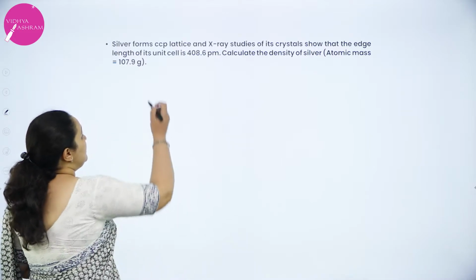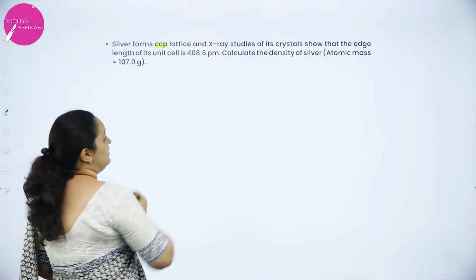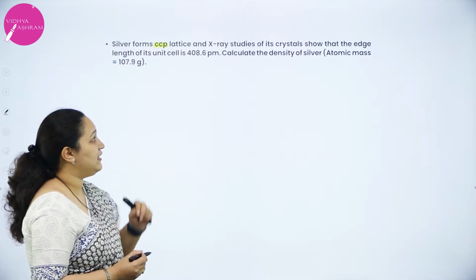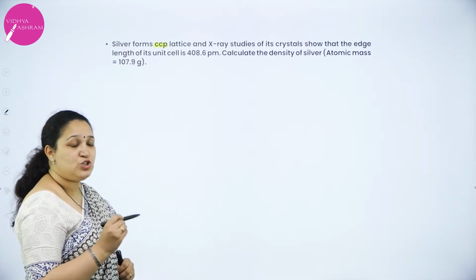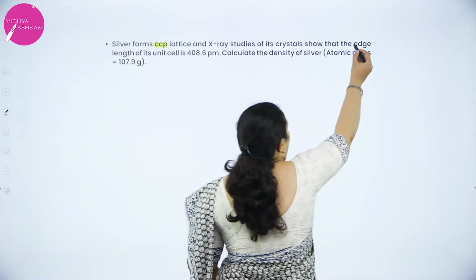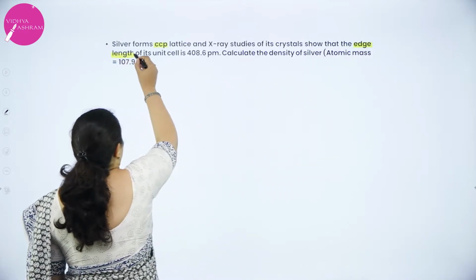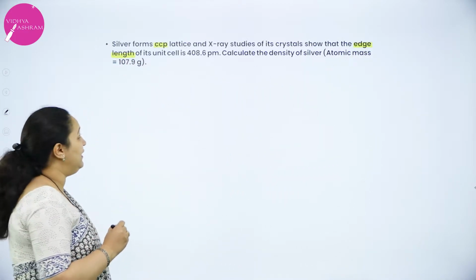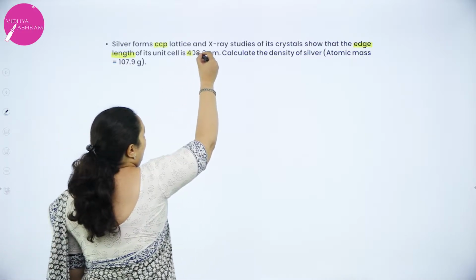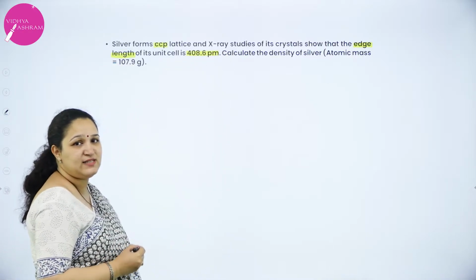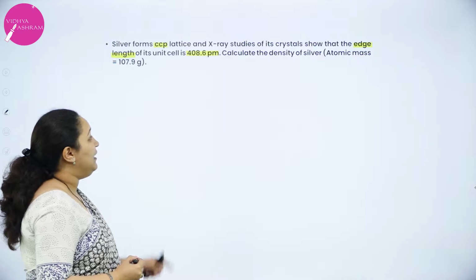Silver forms CCP lattice and X-ray studies of the crystal show that the edge length of its unit cell is 408.6 picometer.